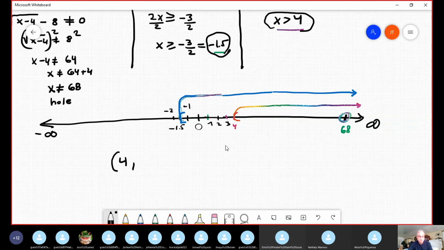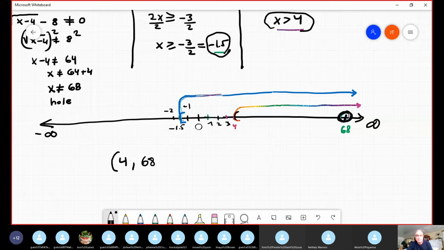2, plus infinity. No, remember the hole. Oh, we have 68, to 68. Bracket or parentheses? Here, I think it should be a bracket. Oh, it's a hole. Let me highlight.